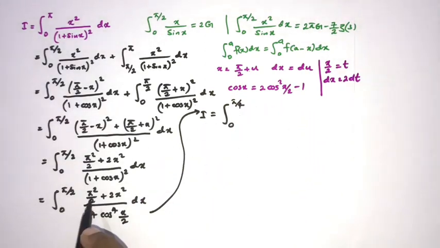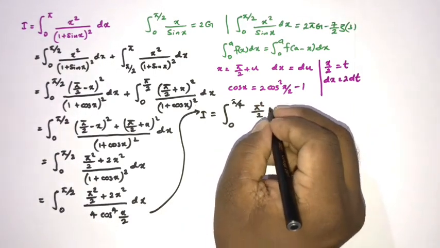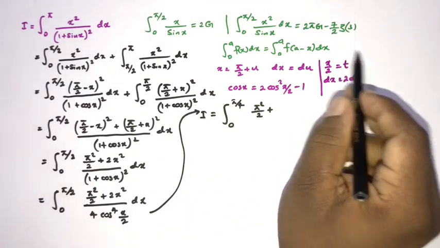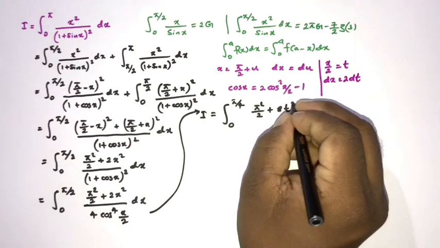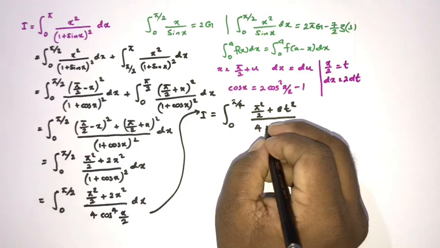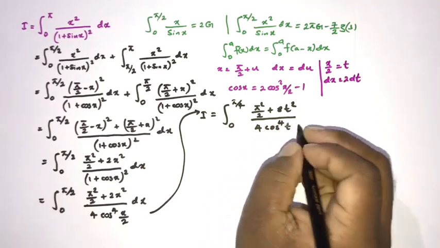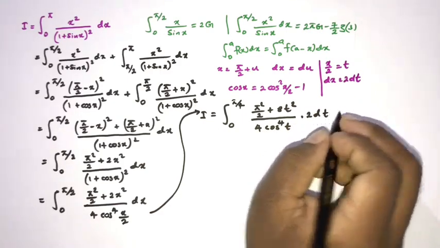Okay, then here pi square over 2 plus 2 times x square, we know x is 2t, so 4 times t square, so here we have 8 times t square over 4 times cosine raised to the 4 power of t, and dx is equal to 2 times dt.